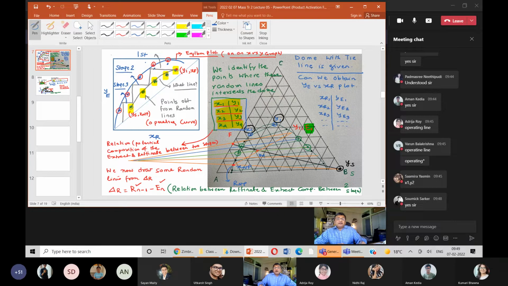Instead of drawing a tie line at every point, then joining delta R with the other end of the tie line, you can neatly locate your stages by converting the dome into an equilibrium plot and drawing some random lines from delta R and generating the operating curve. Is it clear to all of you?